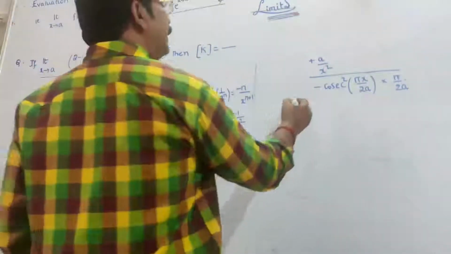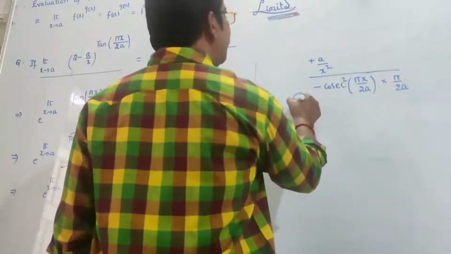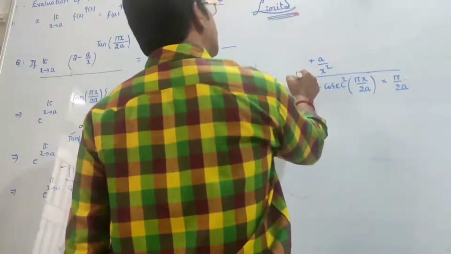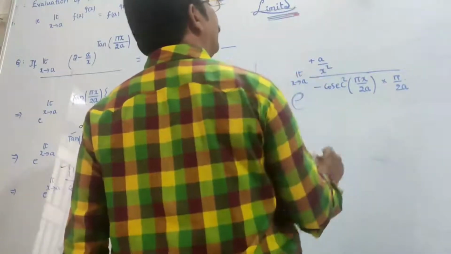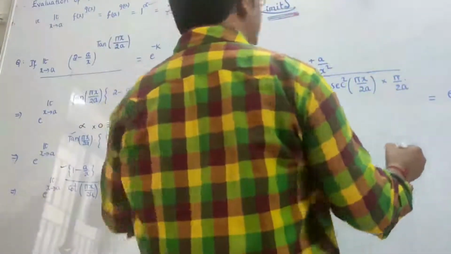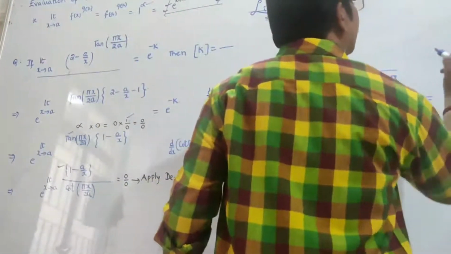So it is e to the power of something, and limit x tends to a, that is equal to e to the power of minus k, as given.